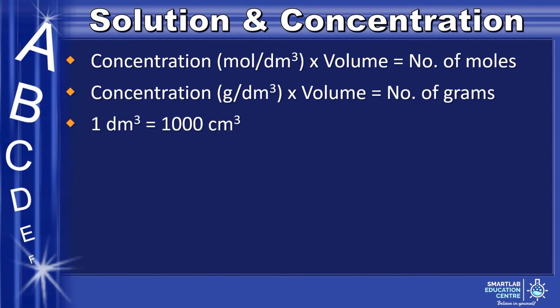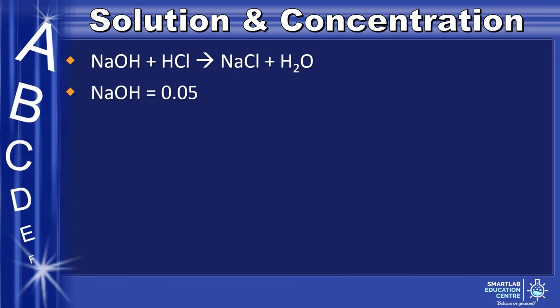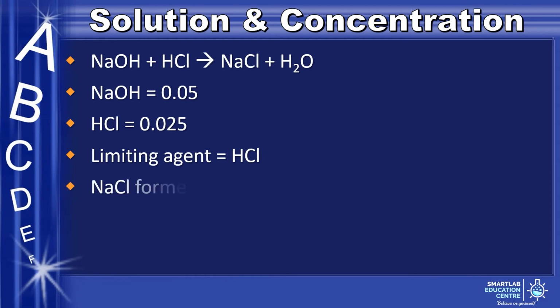Let's take a look at the equation below, and given that we start off with sodium hydroxide at 0.05 moles and hydrogen chloride at 0.025 moles, we can conclude that the limiting agent is hydrogen chloride. The amount of sodium chloride is 0.025 moles, and therefore the mass of sodium chloride is equal to 1.46 grams.